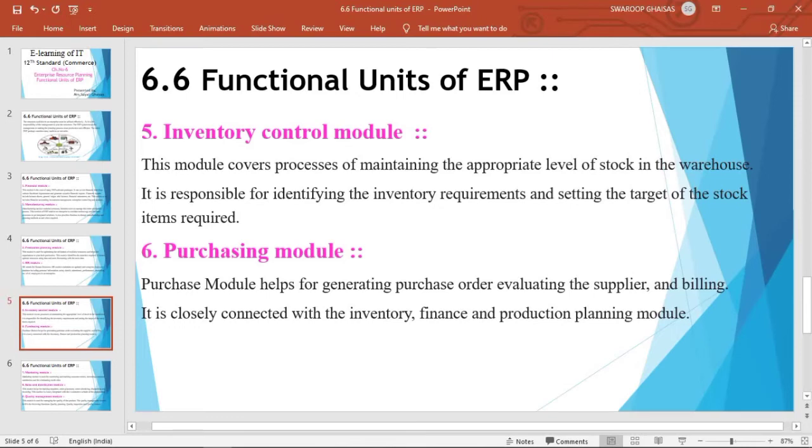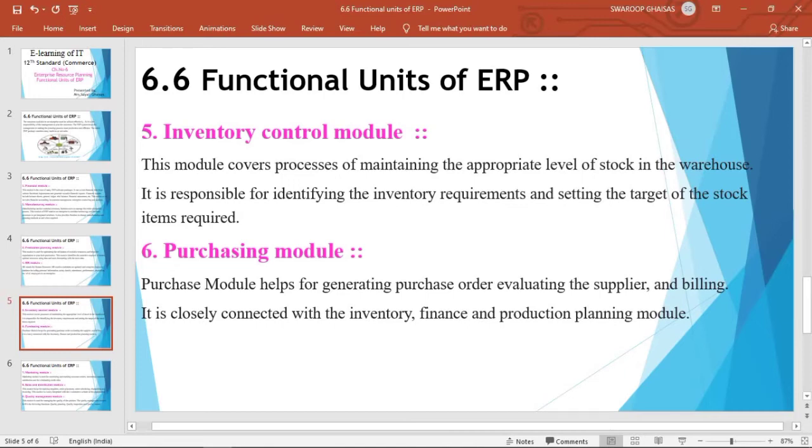Next one is a purchasing module. Purchase module helps for generating the purchase order, evaluating the supplier and billing. So it is concerned with generating purchase order by evaluating a supplier, and can generate and fulfill a billing process.